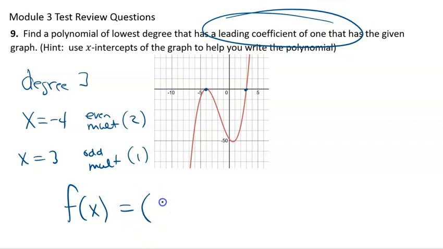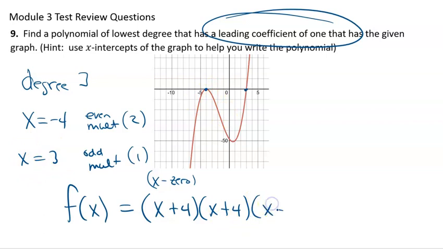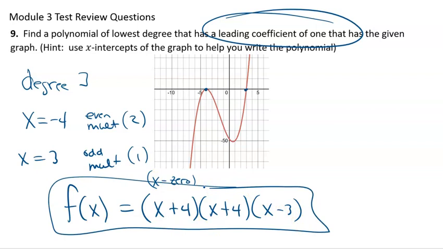And I'm going to say x plus 4 twice. Why plus 4? Because remember, it's your x minus whatever your 0 is. And since my 0 is a negative number, it's x plus 4, and it's 2 of them because it bounces back. Here, though, I'm going to say that's just times x minus 3, and that's it. And what I should add to the directions is don't multiply it out.